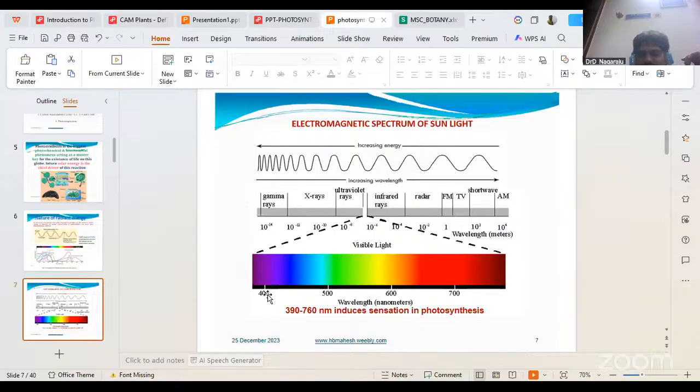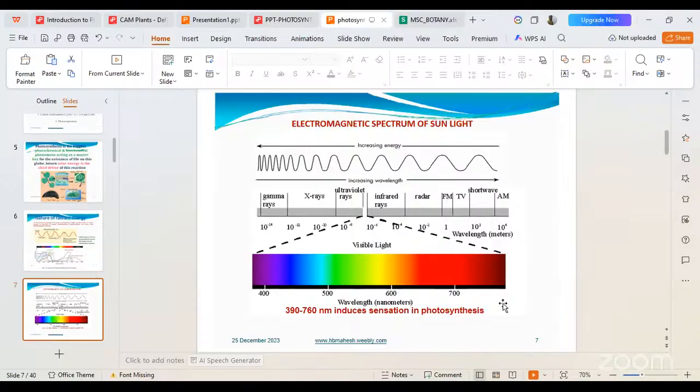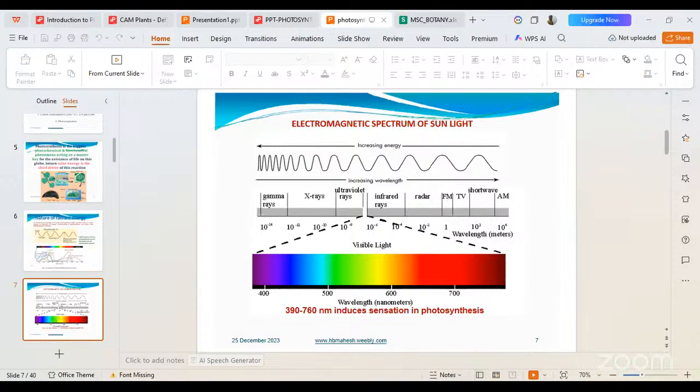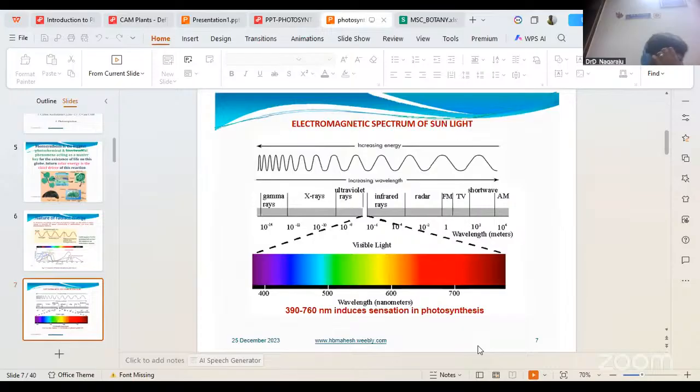Only light of wavelength 390 to 760 nanometers will be absorbed by the plant. This is the light spectrum of photosynthesis.